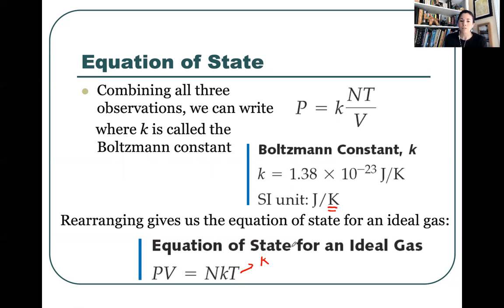All right, and so you can see that if we go back to all of the observations that we made, if we look at this, the pressure will increase if the temperature increases with everything else held constant, so volume constant. The pressure will also increase if we increase N, the number of molecules, and we keep everything else constant.